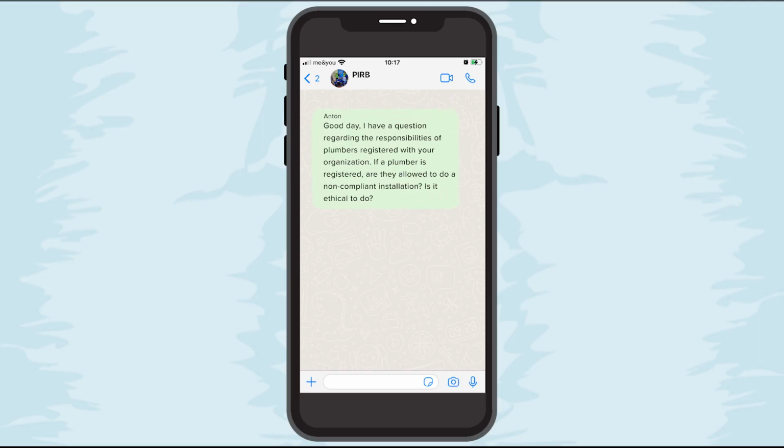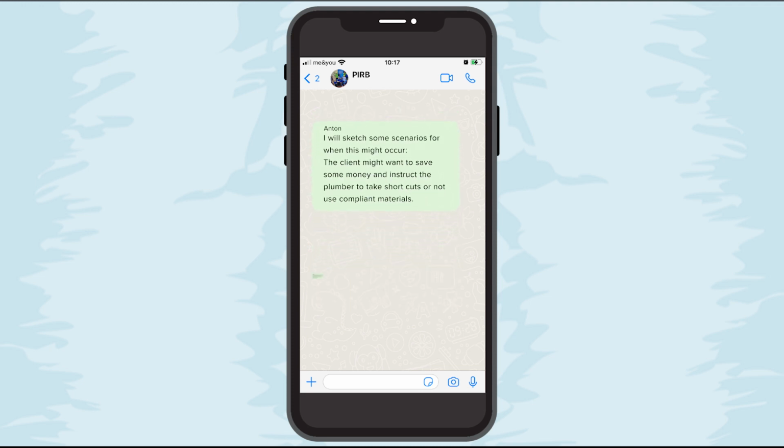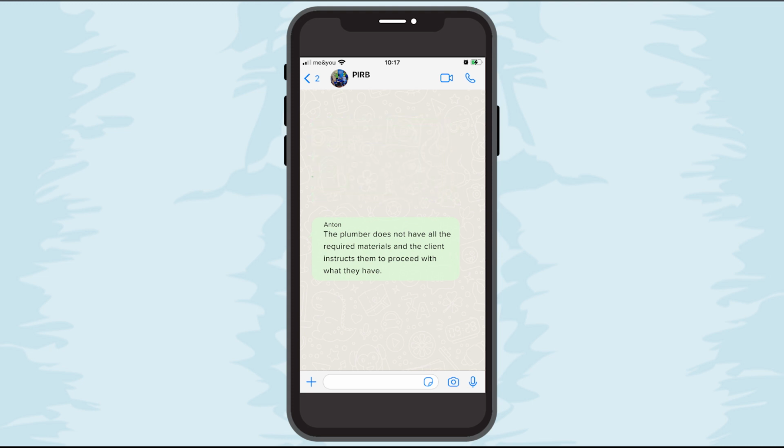I have a question regarding the responsibilities of plumbers registered with your organization. If a plumber is registered, are they allowed to do non-compliant installations? Is it ethical to do so? I will sketch some scenarios for when this might occur. The client may want to save some money and instruct the plumber to take shortcuts or not use compliant material.